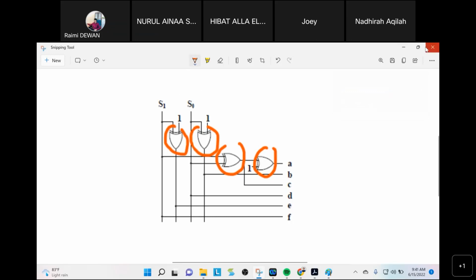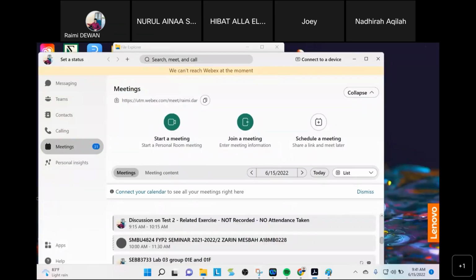Okay. And after that, what question? The rest easy, yeah? How about question 16? This is multiplexer.